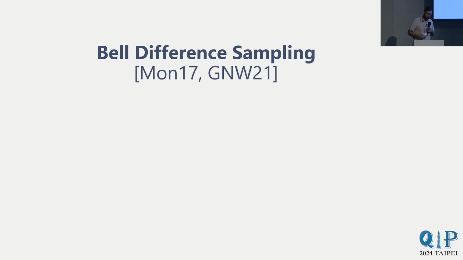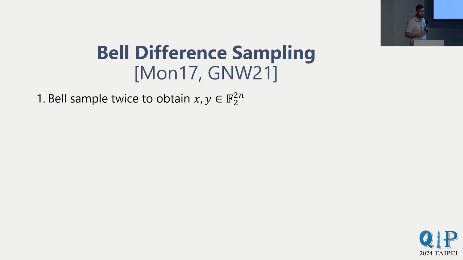The algorithmic primitive that we use is called Bell difference sampling. This was introduced by Montanaro in 2017, and then studied further by Gross, Nezami, and Walter in 2021. What you do is you Bell sample twice to obtain 2 strings, x and y, and then you output their difference.